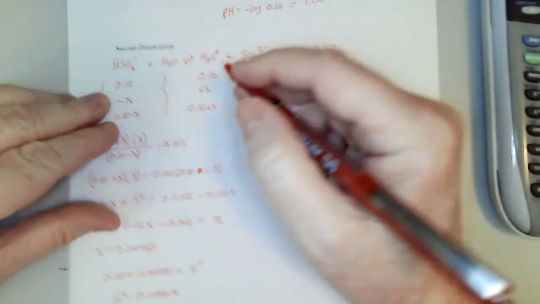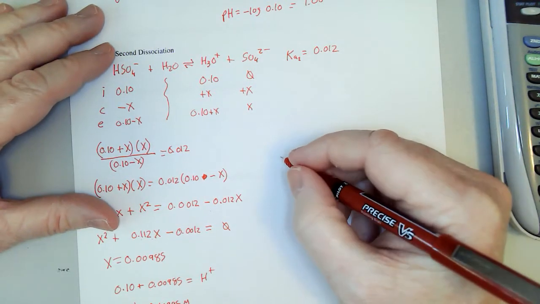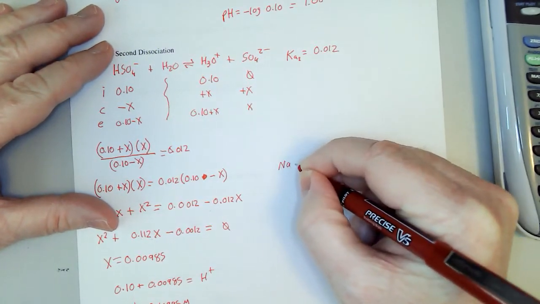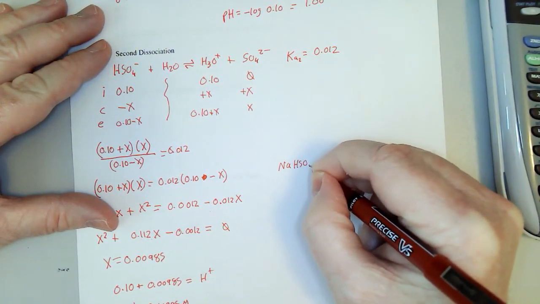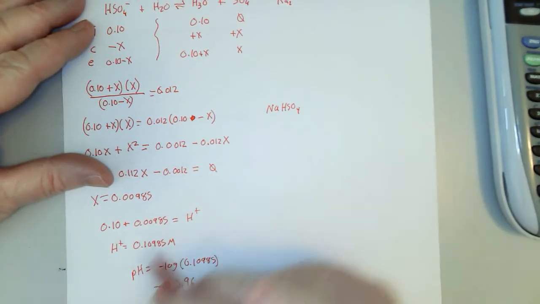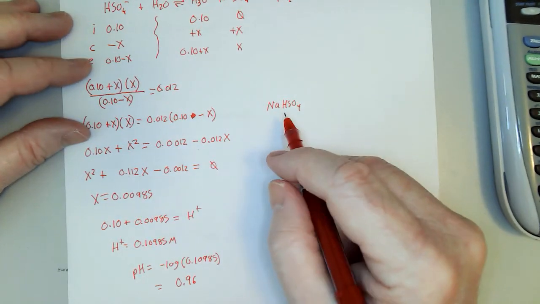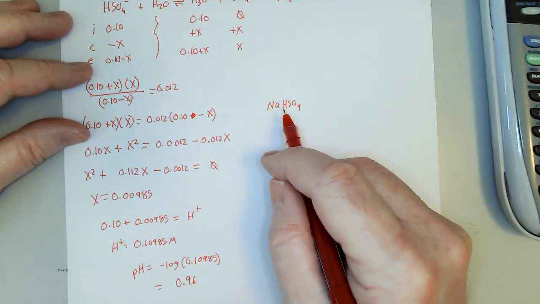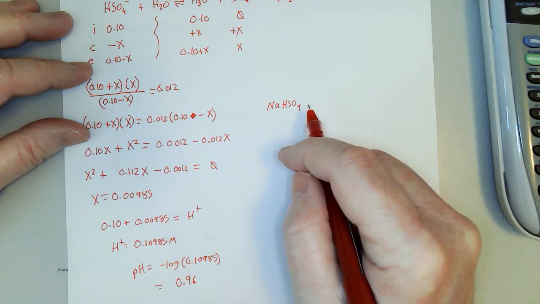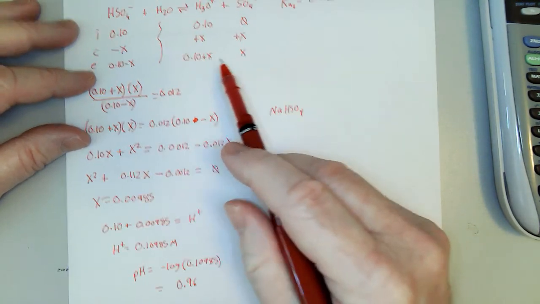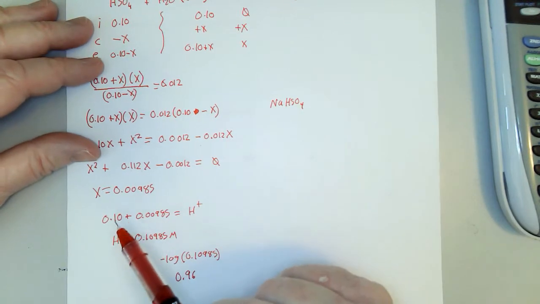Now, is the common ion effect happening here? Absolutely. If I was dealing with something like NaHSO4, the dissociation of that HSO4 minus would give you a lot more H plus than this one does.